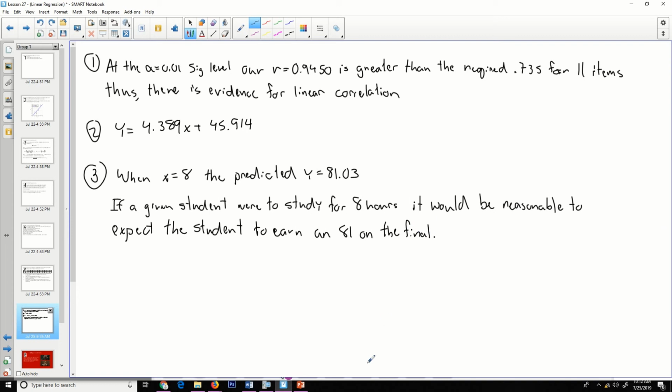Now again, is that going to be perfect? Every student that studies 8 hours is going to get an 81? No, but according to our prediction, we should be fairly close.